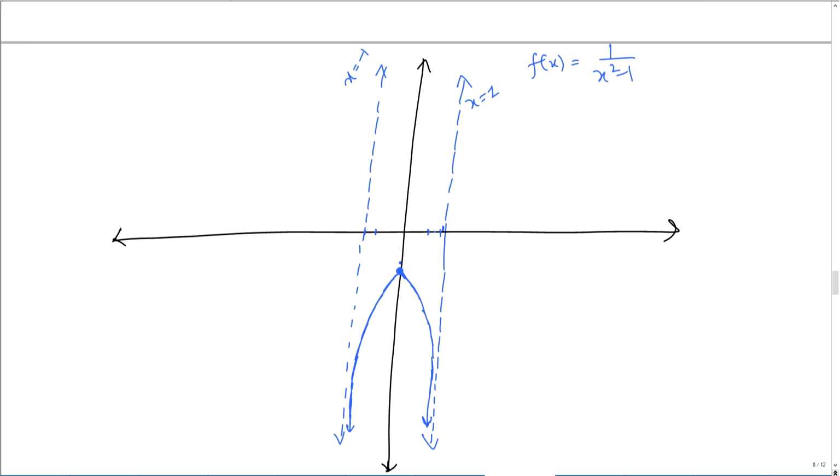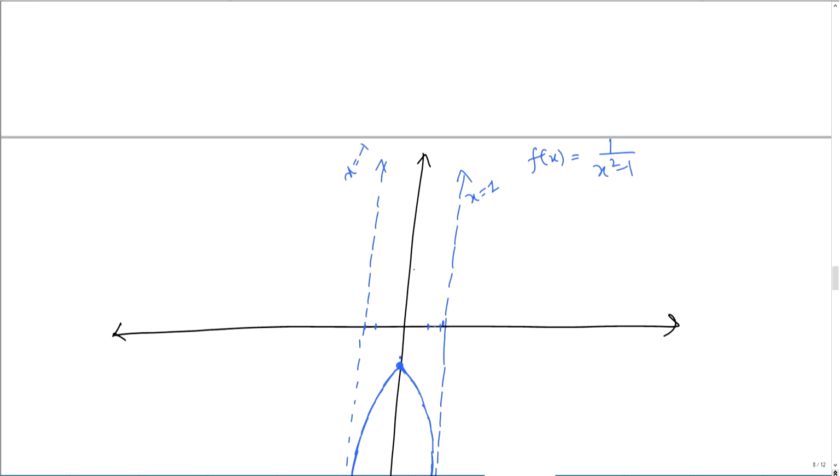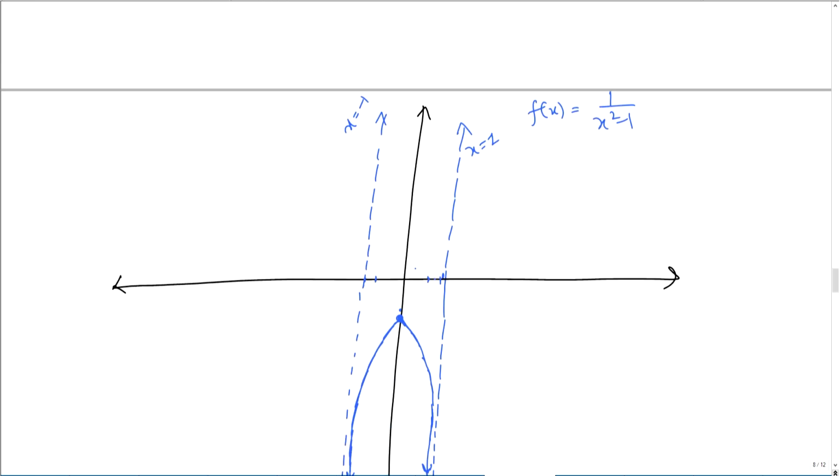What happens in these upper quadrants? If let's say x is slightly greater than 1, 1.001, then x square minus 1 is about 0.0001 positive, that means a large positive value.